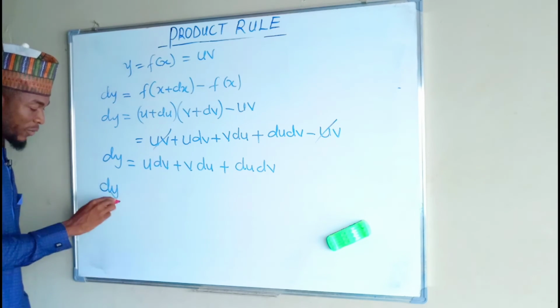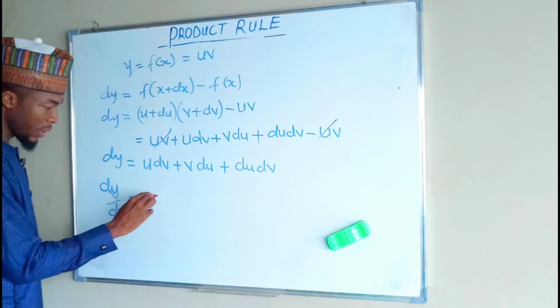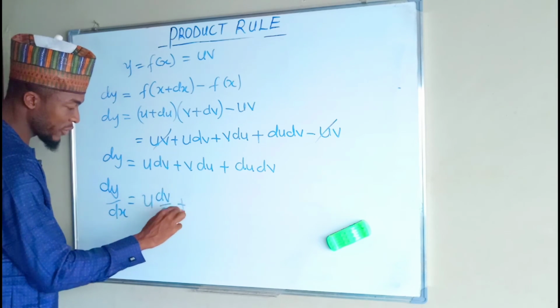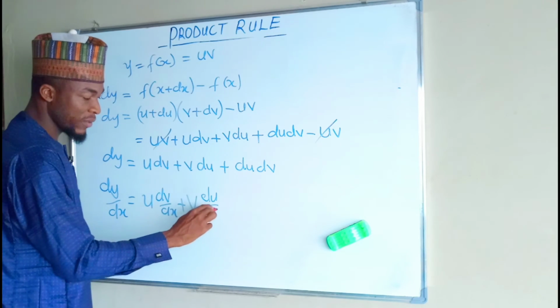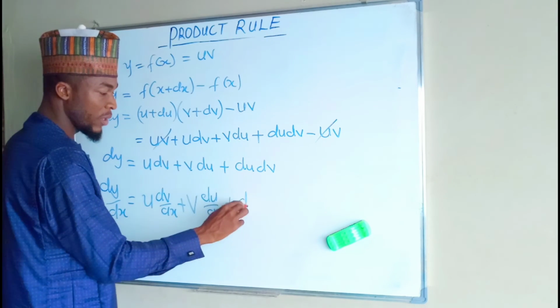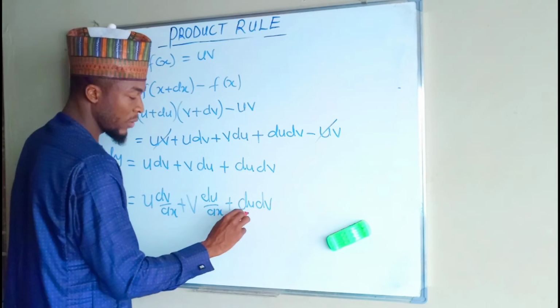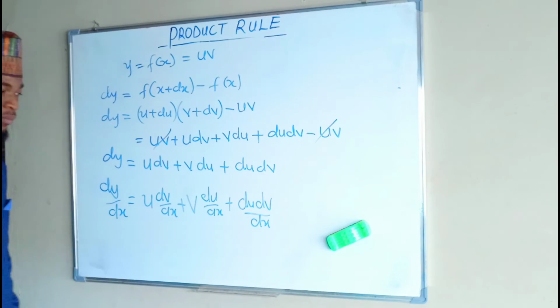Therefore, dy over dx will be equal to u dv over dx plus v du over dx plus du dv all over dx.